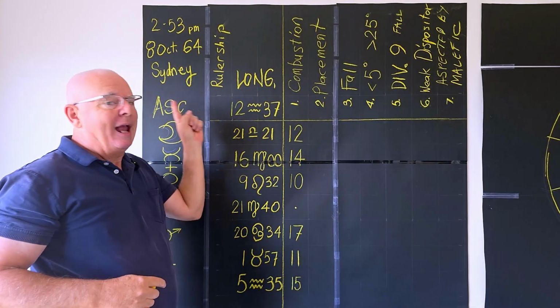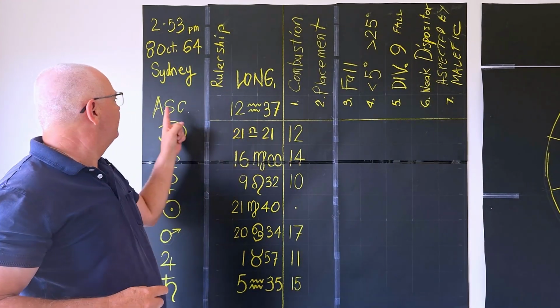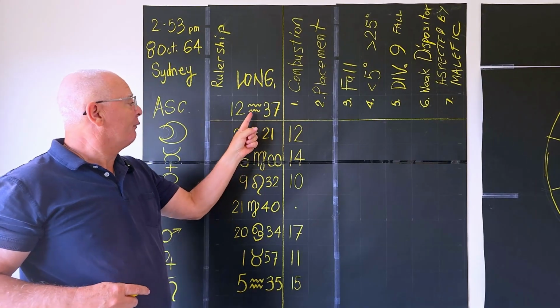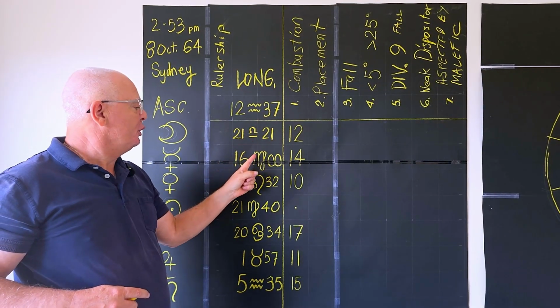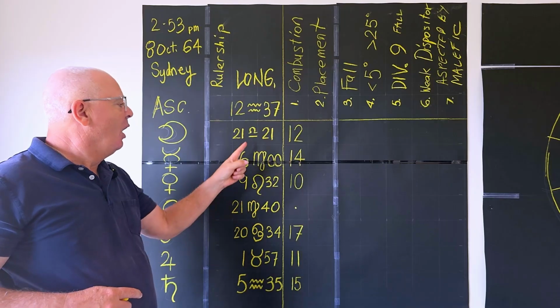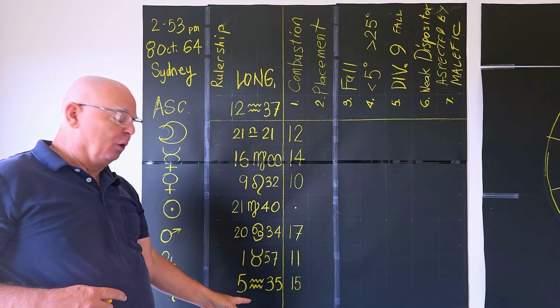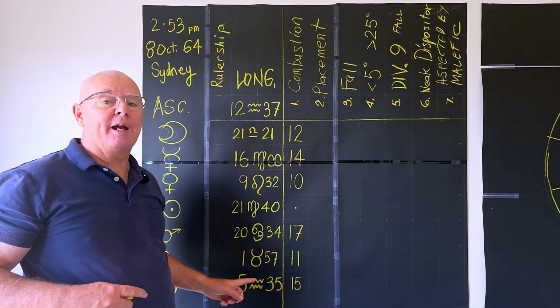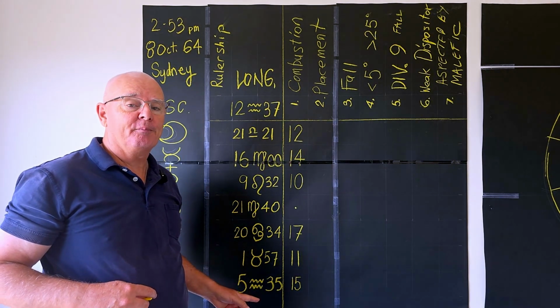So at this time, the ascendant here is 12 Aquarius 37, and I've listed the longitude of the planets, not all of them, but all the ones which we calculate the strength of.